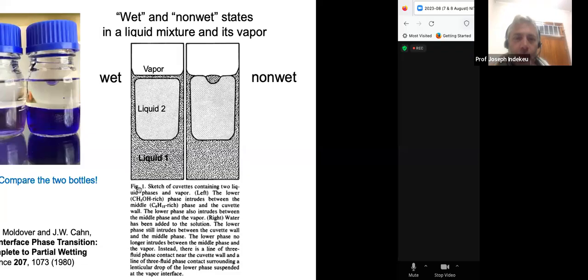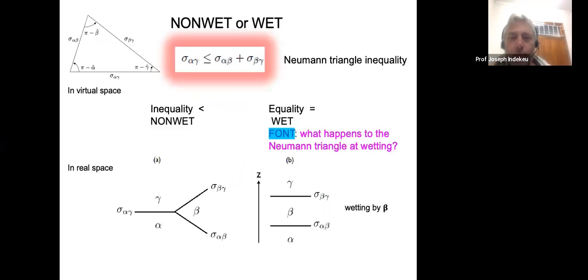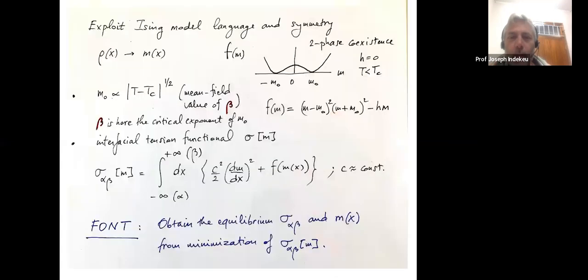So, okay, let's go back to here. Now, what we're going to find out together, and the reason I've explained this in more detail, is that we need these concepts to obtain the equilibrium interfacial tension and the so-called optimal profile that, according to this simple density functional theory, would describe the transition from the minus m0 to the plus m0 values for this order parameter.